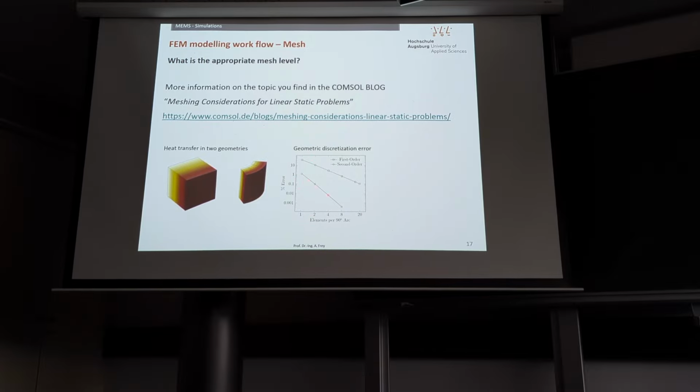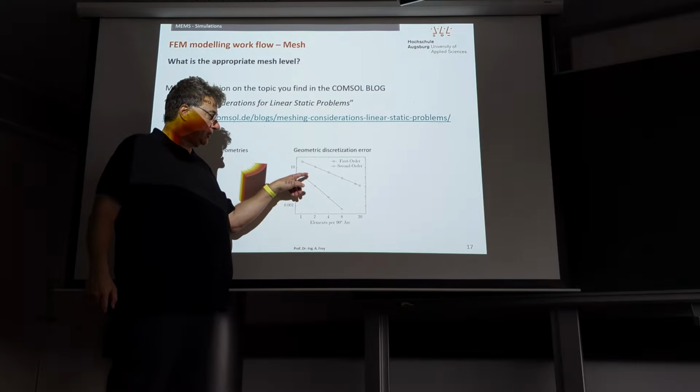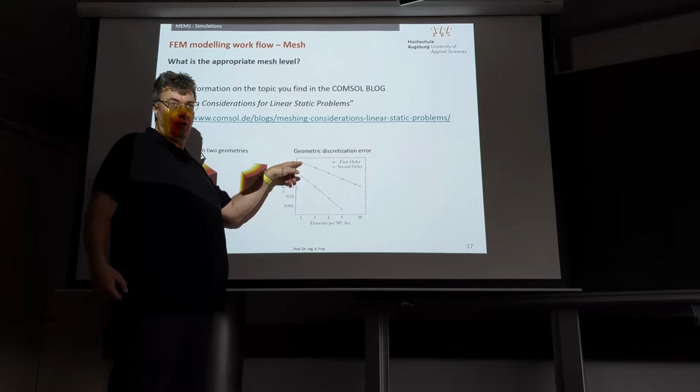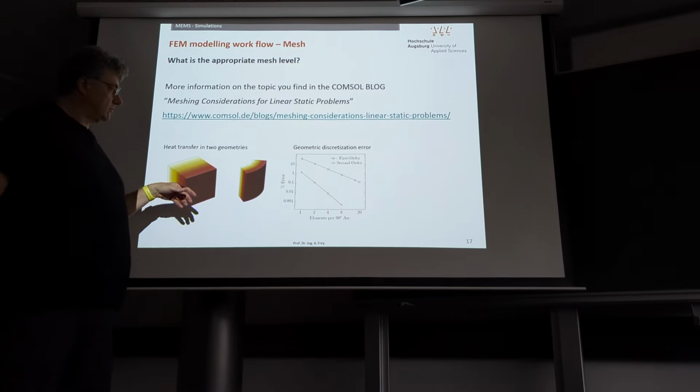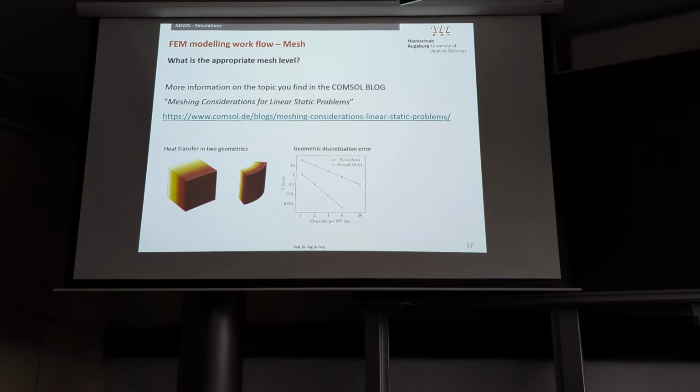We have two curves, and that is maybe also interesting to note, it gives a connection to what we discussed in the morning, in the beginning. First order shape function, second order shape function. So for a second order shape function, you start with a lower error compared to first order. Why is that? Because COMSOL internally provides, maybe you call it, virtual mesh elements.